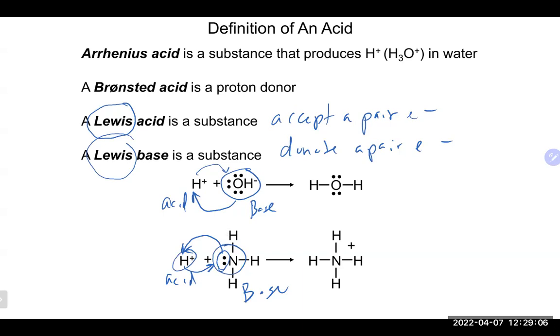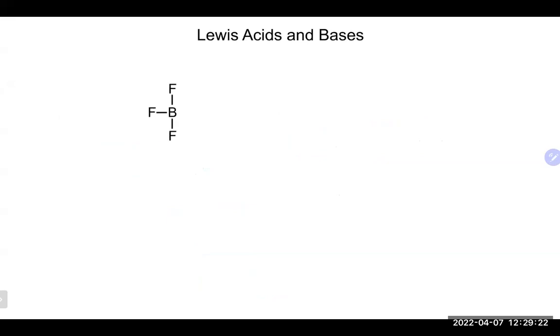The advantage of Lewis acids and bases, and we will see them in a later chapter in the semester, is that they can be used to apply acid-base chemistry to something that does not involve H+ being transferred. So if we look at something like this guy, there's no H+ here, but again, this guy has a pair of electrons to donate to boron.